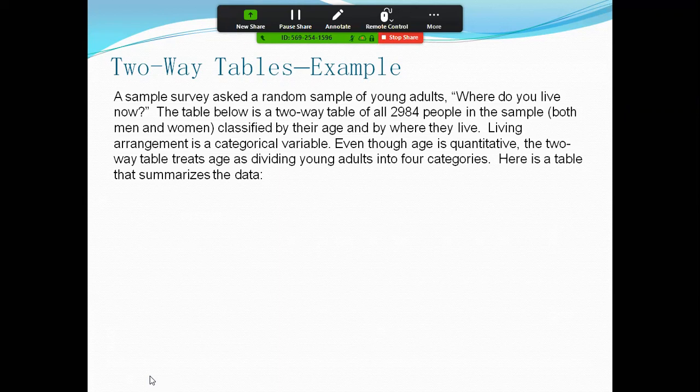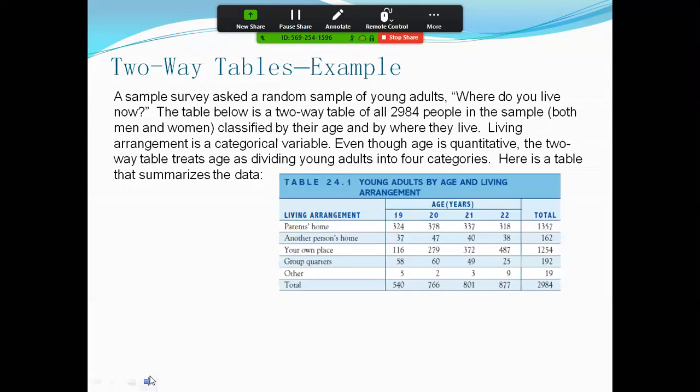Living arrangement is a categorical variable, even though age is quantitative. The two-way table treats age as dividing young adults into 4 categories. Here is a table that summarizes the data. So we have people living in their parents' home, another person's home, their own home, group quarters, or other.